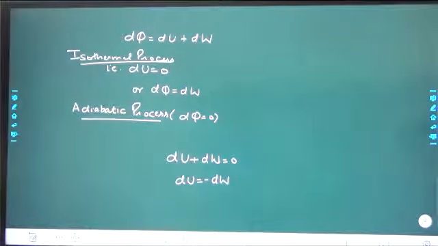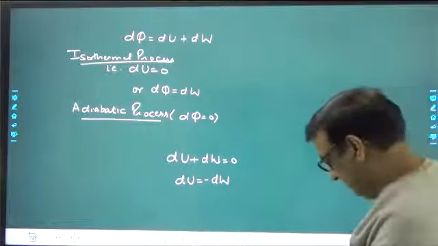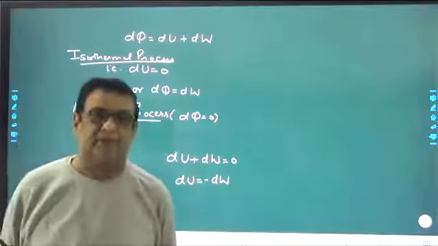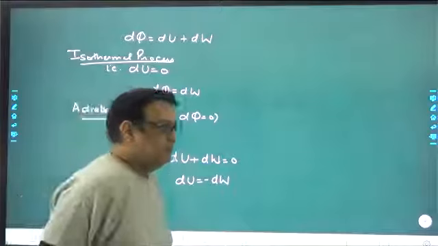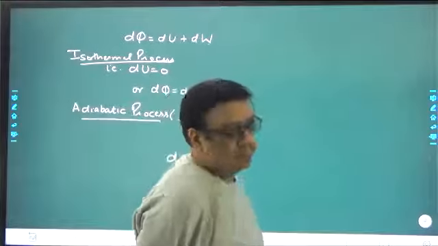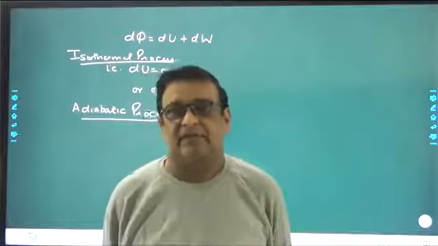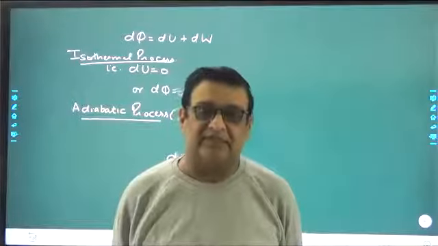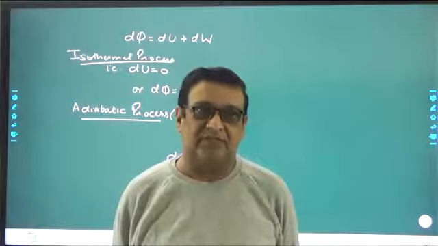This implies that if an ideal gas expands adiabatically, work done is positive and change in internal energy will be negative. That is, temperature falls.